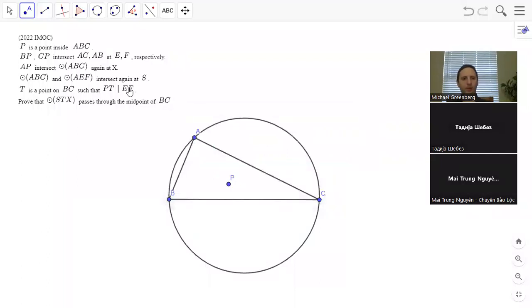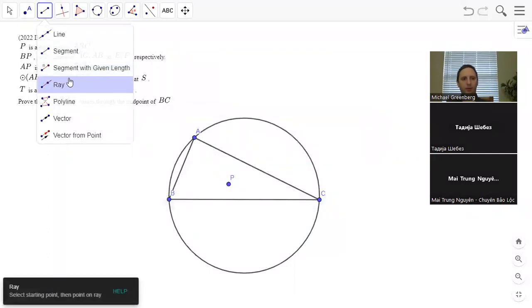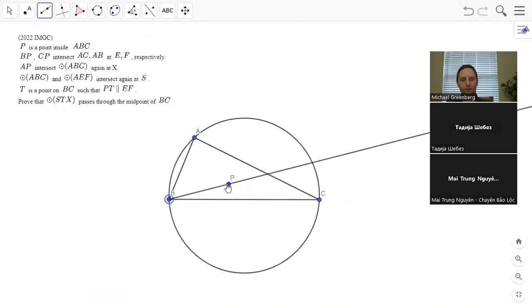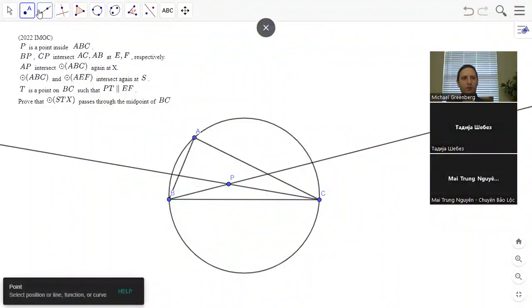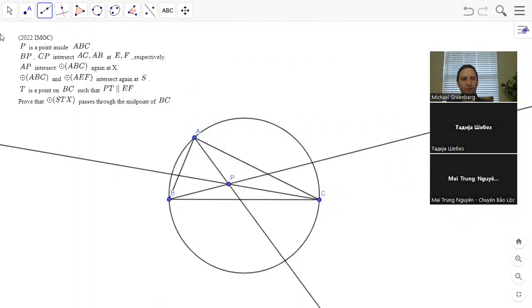BP and CP, we see where they intersect the sides, E and F. Let's draw one more ray, because we're going to want to see where this meets the circle.